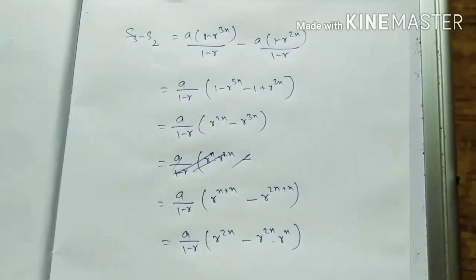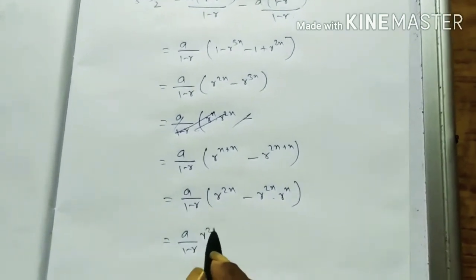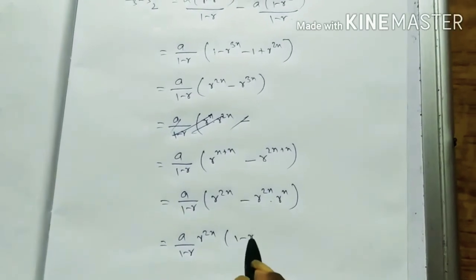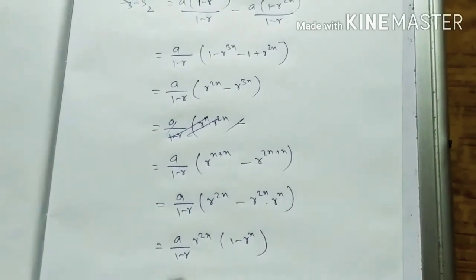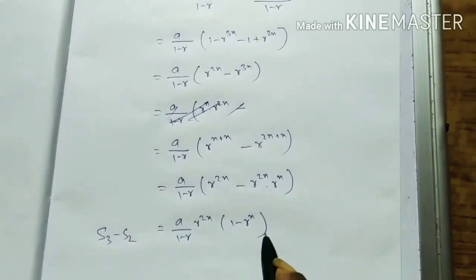It is better to keep it like this only. So here A(1 minus r to the power of 2n) is common, and 1 minus r to the power of n is left. This is S3 minus S2.